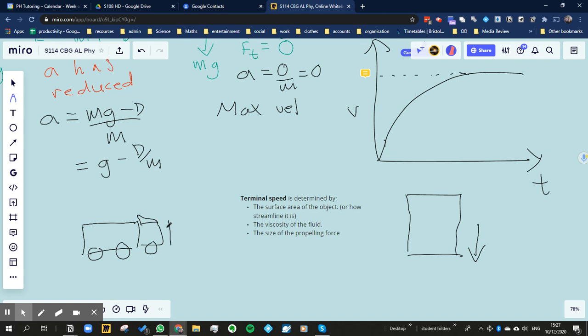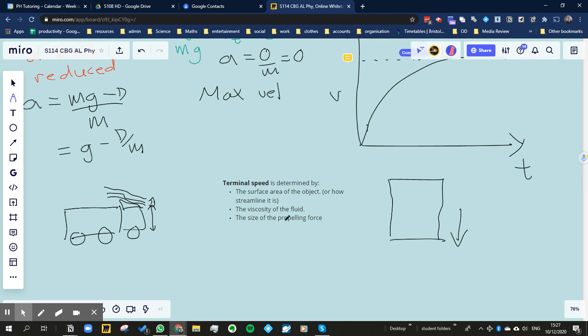It was that high, and I've actually added a bit onto it. Anyway, basically making it more streamlined allows the air to sort of slide over it more easily, and that means overall it's going to produce less of a resistive force.